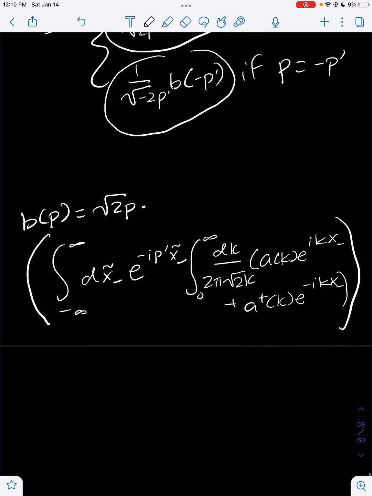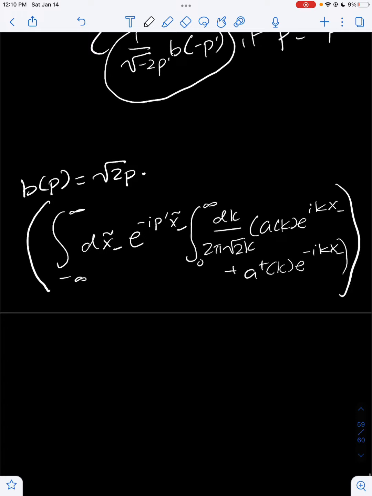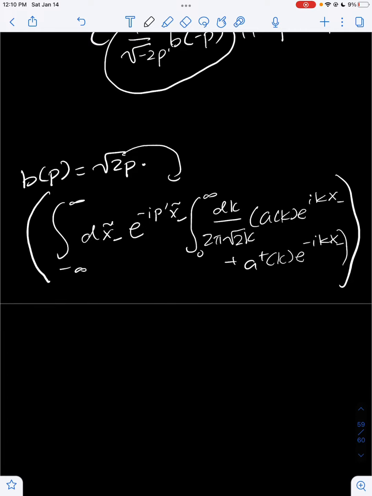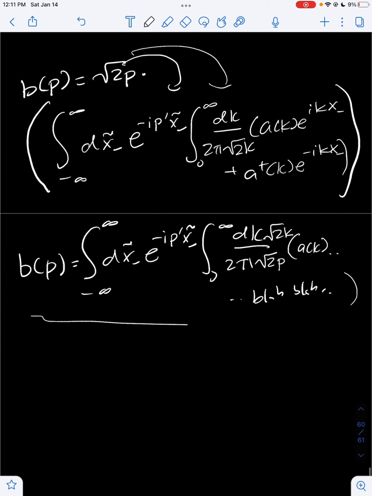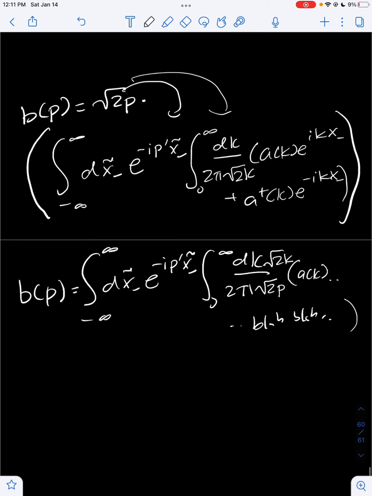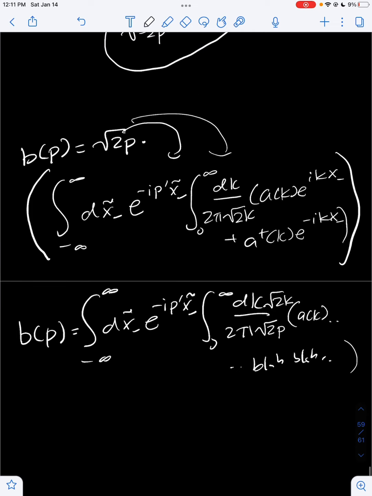And what we can do now is we can move this inside of here. That gives us b of p equals the integral of this. Okay, so now we have this. All we did was that we moved this into our integral. So that's going to give us square root of 2k over the square root of 2p.